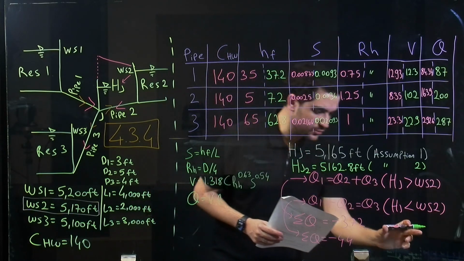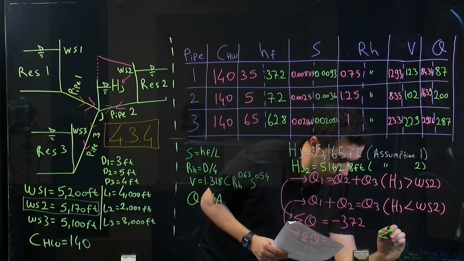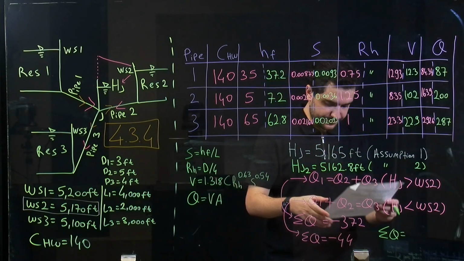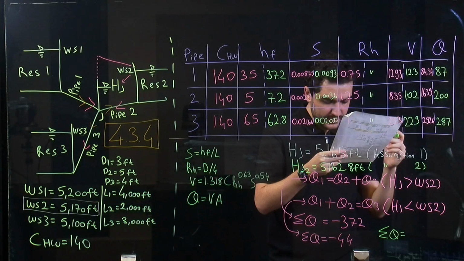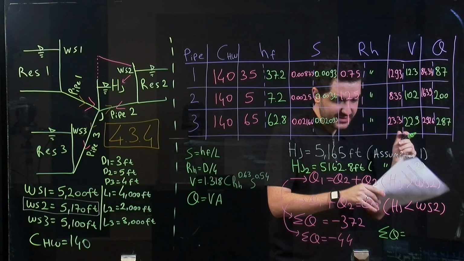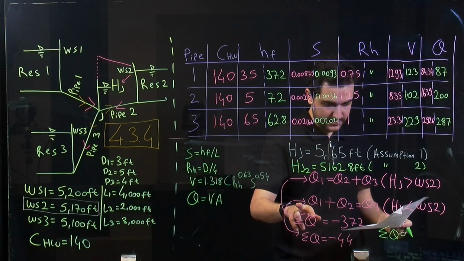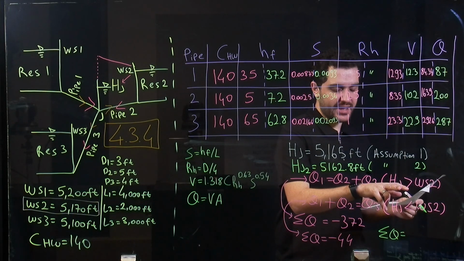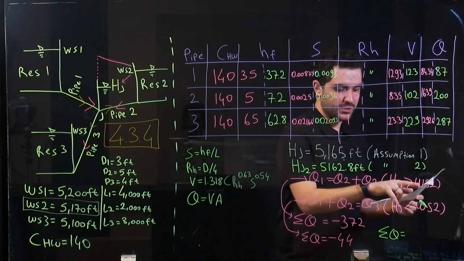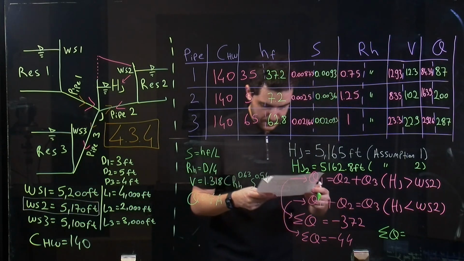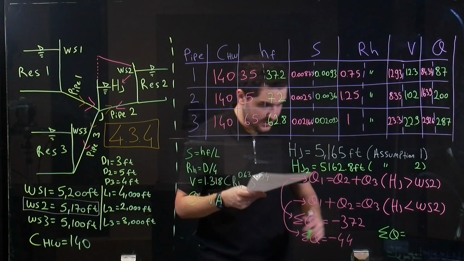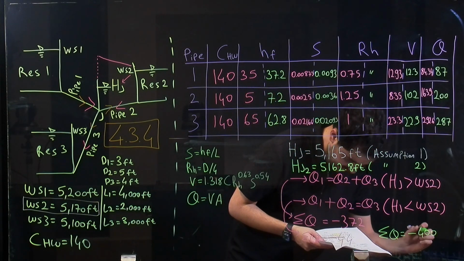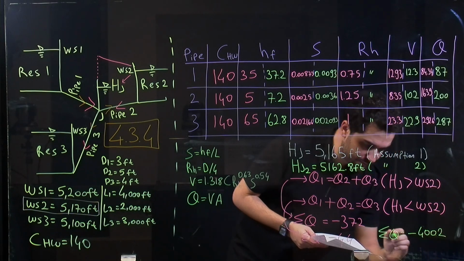And let me do the calculation here. And for the first scenario, it is a scenario of this one, where Hj is higher than water surface 2. And it is giving minus 400.2.